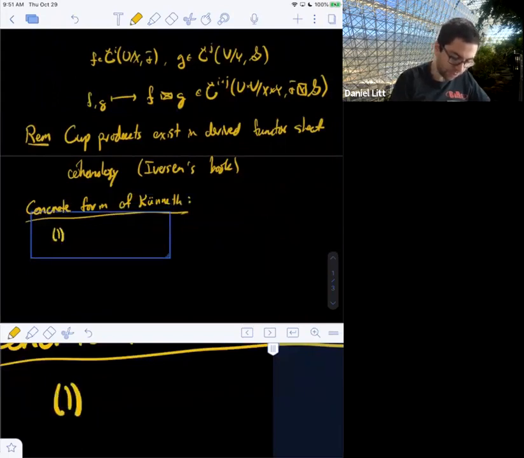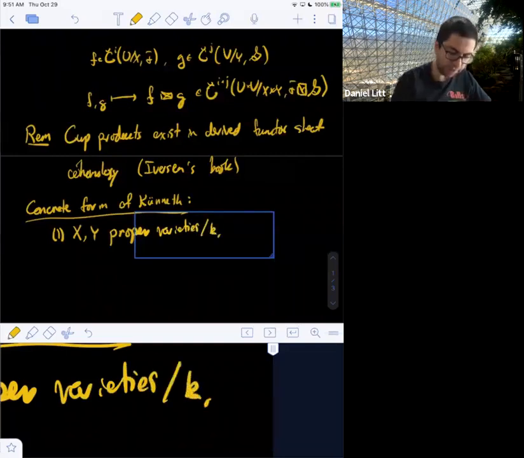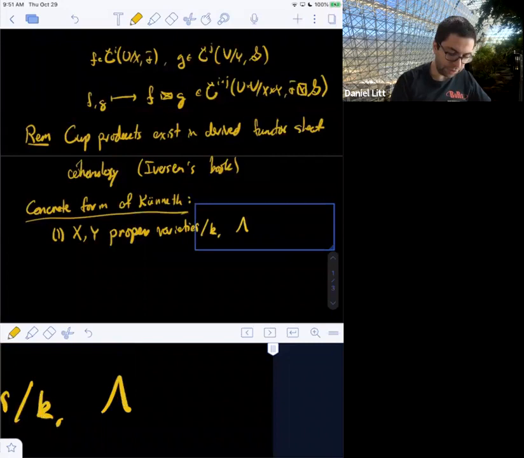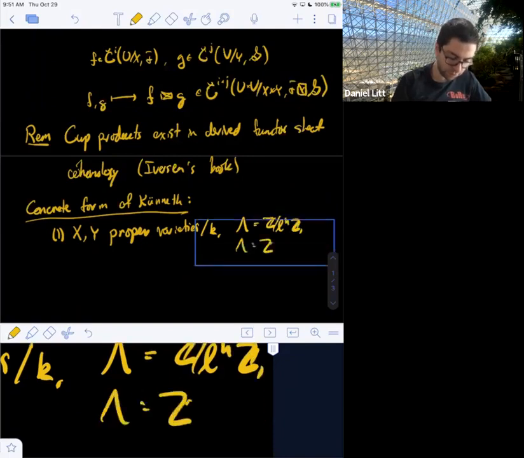One is: suppose X and Y are proper varieties over K, and lambda is either Z mod L to the N Z or Z_L. So meaning the Z_L sheaf.